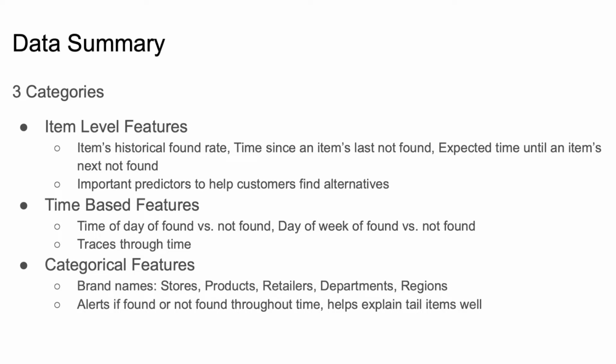Thus, they got creative, and for each of the categorical feature variables, Instacart uses the historical found rate per brand name of all of those different variables. And by putting this data on a historical timescale, it allows the model to work much more fluently, and they can also account for seasonal items or items that are only popular during times of the year.